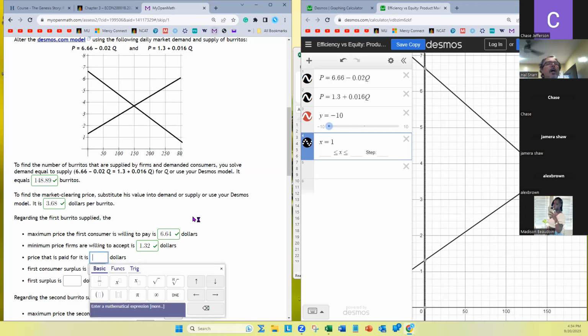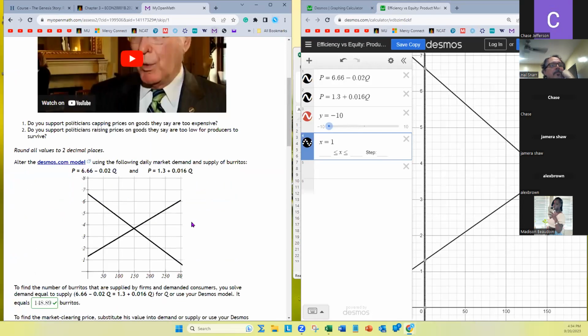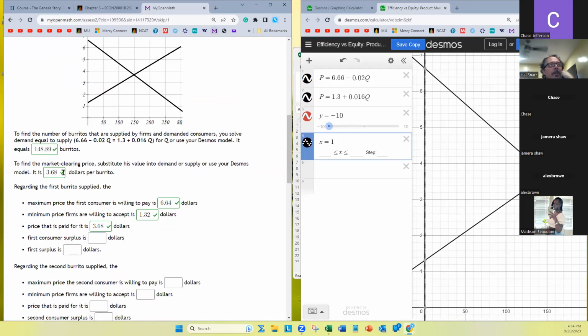Now, the price that is paid for this burrito is what? In my case, the price that is paid for this first burrito is $3.68. My model's market price, the one I put up here. Everybody got green check marks? If you don't have a green check mark, let me know.